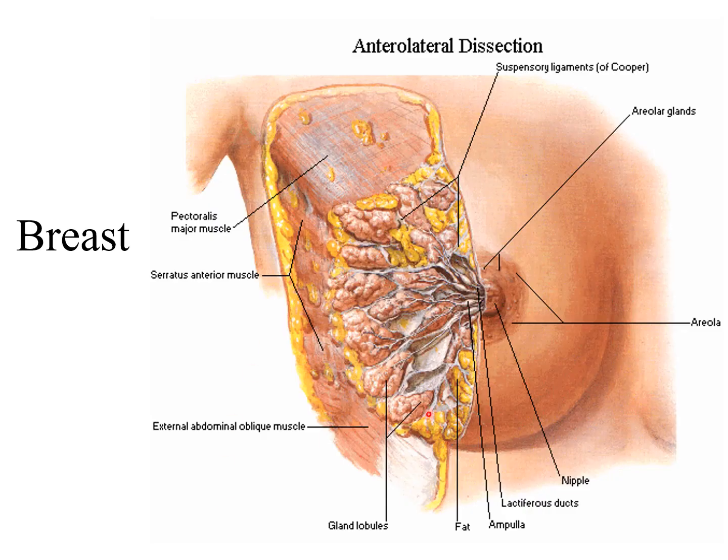It is a hemispherical structure, with two-thirds lying on the pectoralis major muscle, and one-third lying on the serratus anterior, this muscle, and a little bit lying on the external oblique muscle.